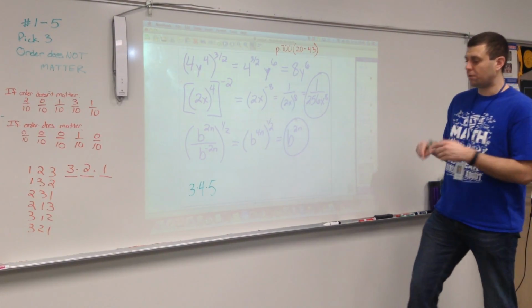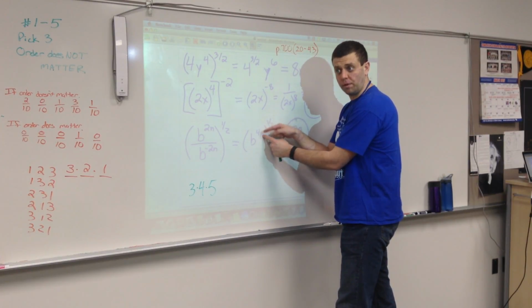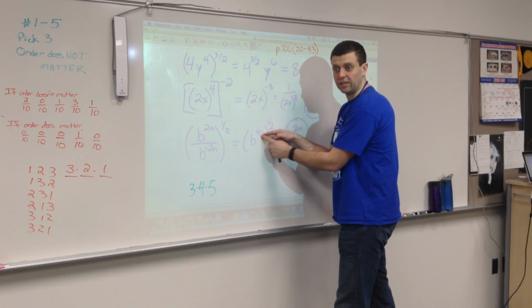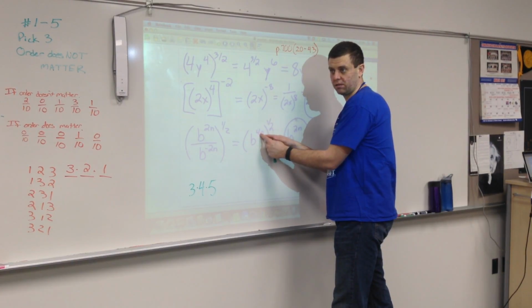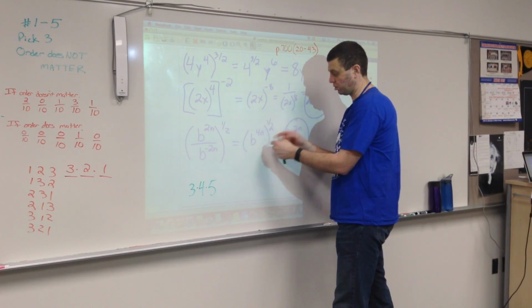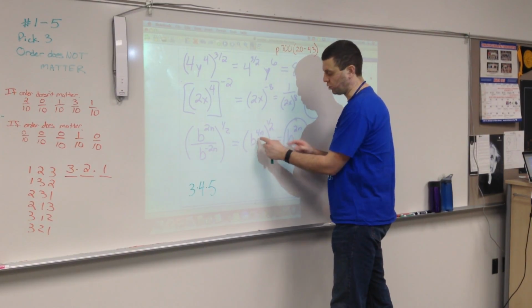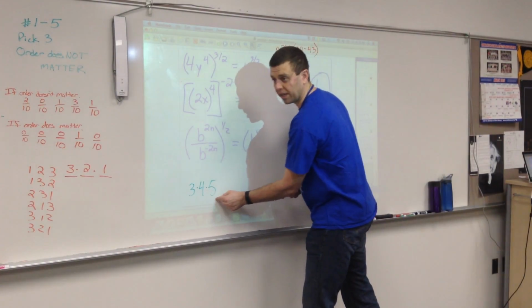Okay, so just think of this, it's not a distributive property. It's not 4 plus n where you got to take the 4 and the n and multiply that sum to the half power. It's already a product. So that's already the product of two things times a third number. So it's like I'm multiplying 3 numbers together.